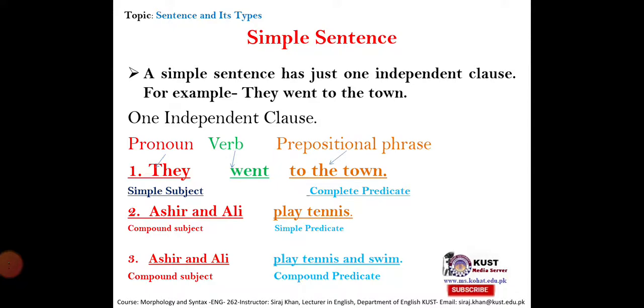Now they is a pronoun, the arrow goes there, colored red. Verb went, prepositional phrase to the town. So they is a simple subject, went to the town is a complete predicate.